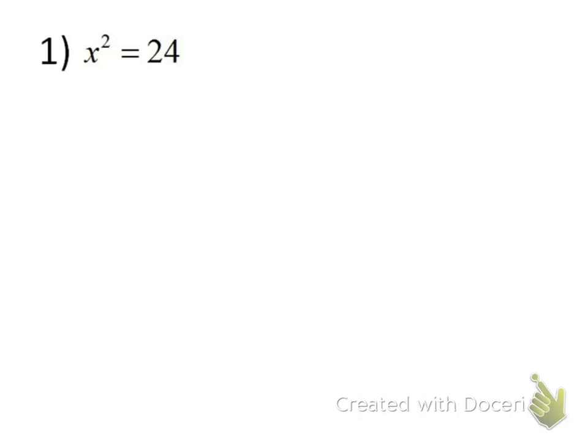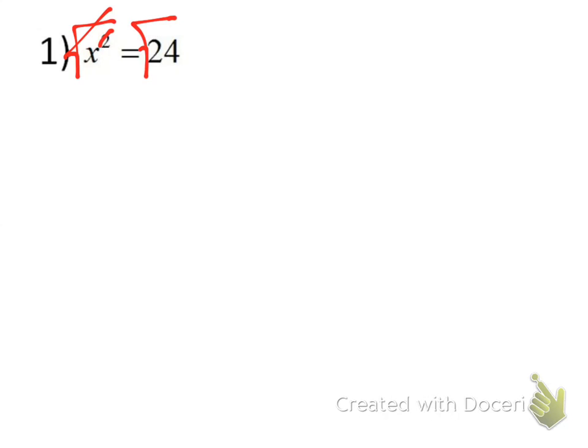That's what we learned yesterday, what this entire chapter is about. Yeah, we're going to take the square root of both sides of the equation. The square root and the squared undo each other.